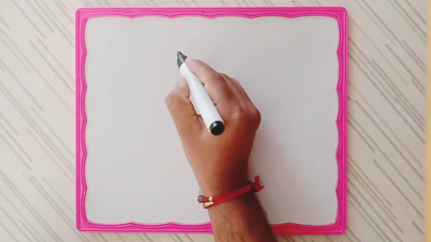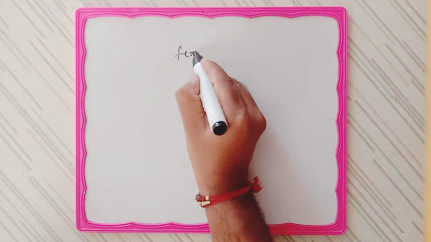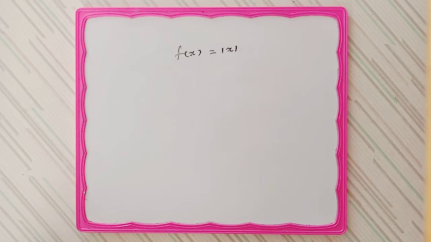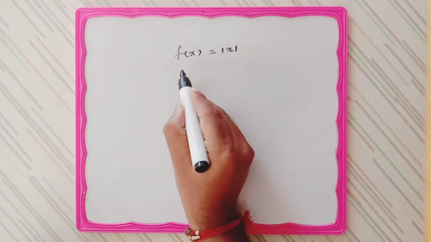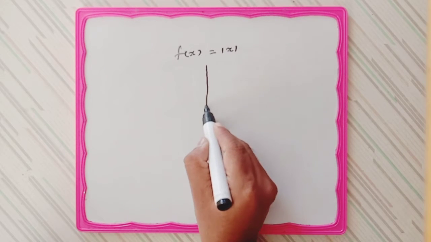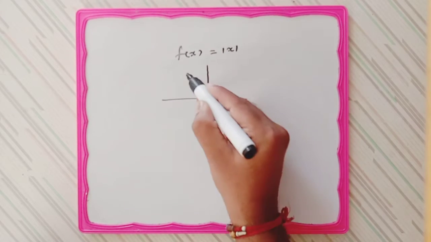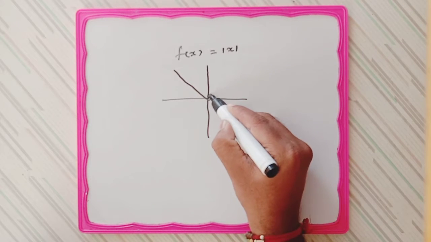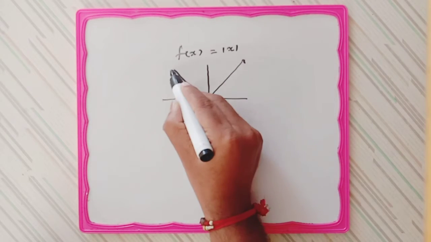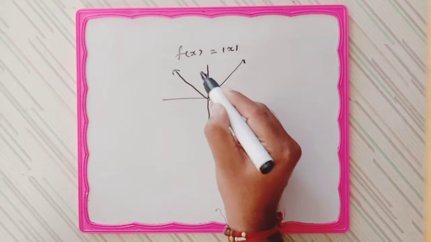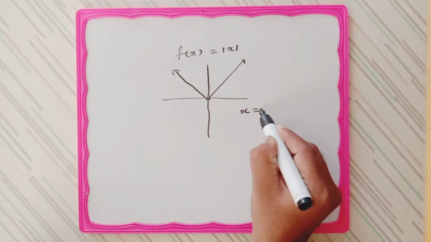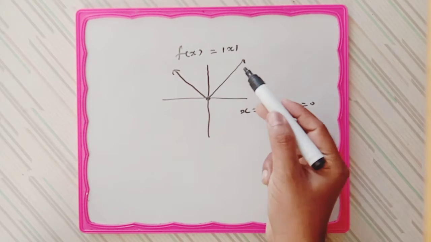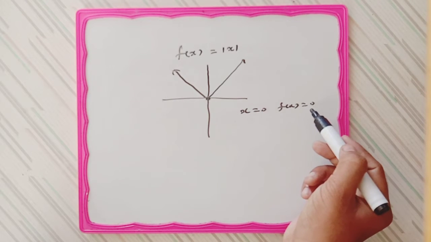In the same way, we take f(x) = |x|. Then we can see the graph of modulus x. For the positive values it comes near 0, and in this way. At x = 0 its value is 0, whereas for other values it is positive, so 0 is the minimum value.